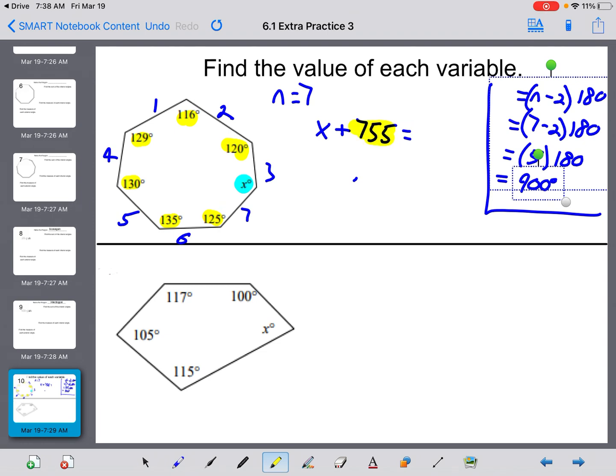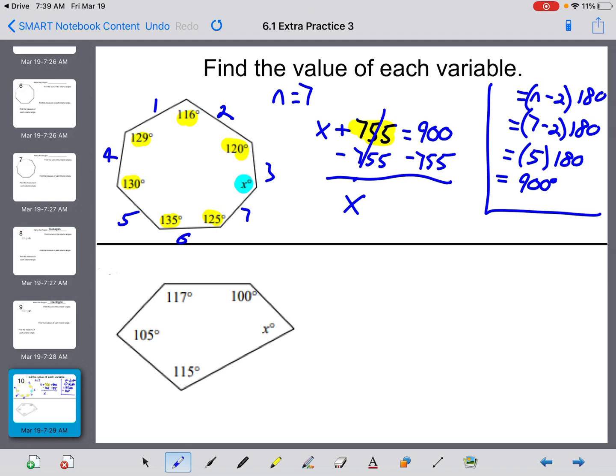Okay, so 755 is all of those highlighted yellow angles added up together. And that needs to equal, we just found 900 degrees. I'm going to subtract 755 from both sides. My 755s cancel, and x is equal to 900 minus 755, which is 145 degrees.